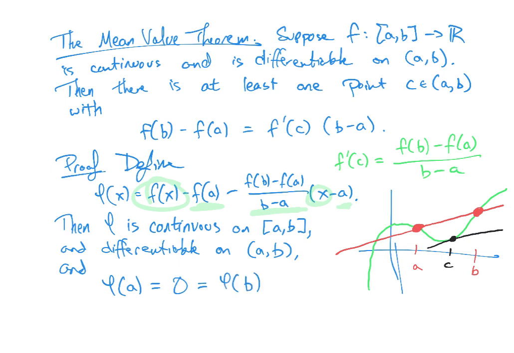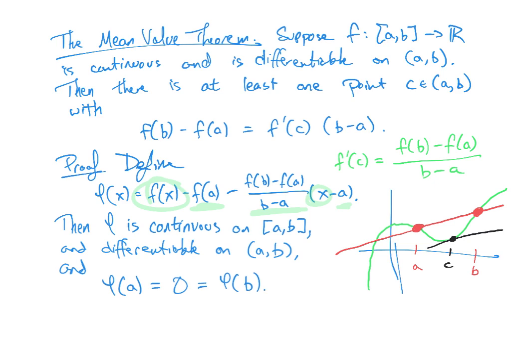I claim that's the same as phi of b. Why is that true? Well, plug in a b. Now it's not quite as obvious, but you'll get f of b minus f of a minus f of b minus f of a divided by b minus a, but then times b minus a, so everything cancels out.